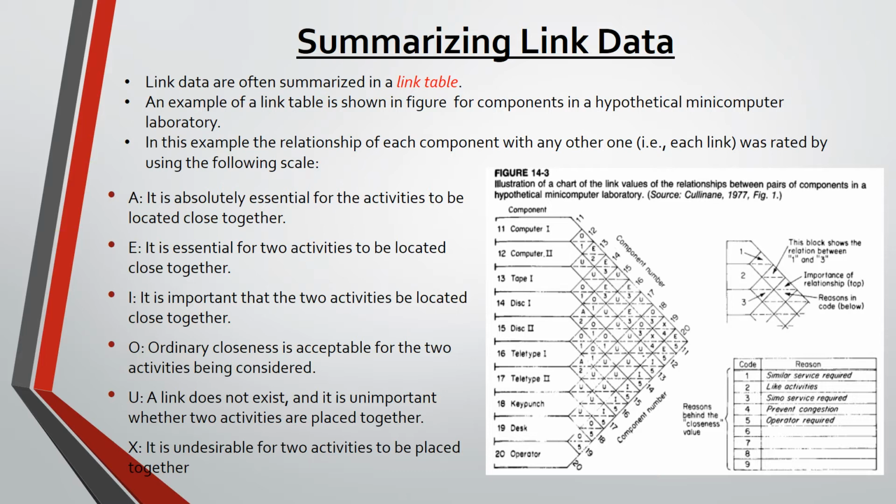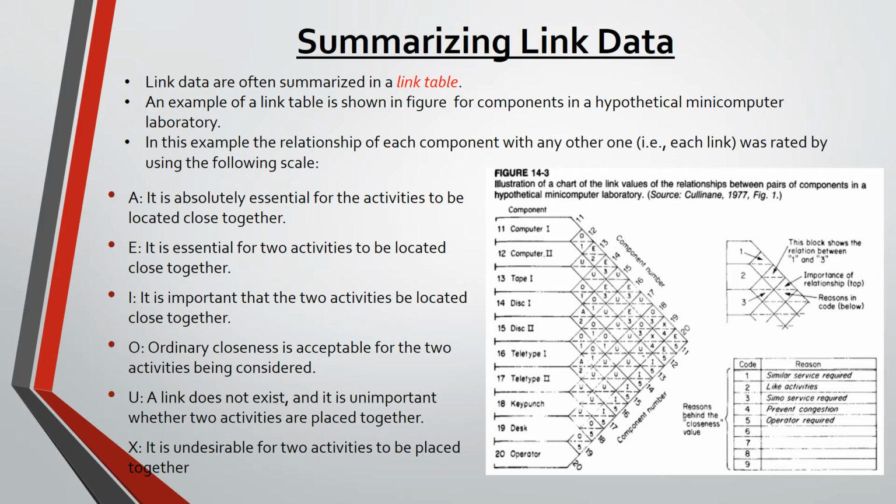We use the alphabets, or rather vowels, A, E, I, O, U, and then finally one more alphabet, X. So A is for absolutely essential activities, which means they have to be located very close. The second vowel, E, is essential for two activities to be located close together.